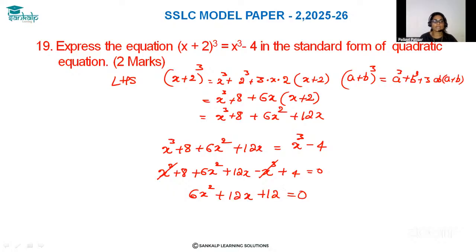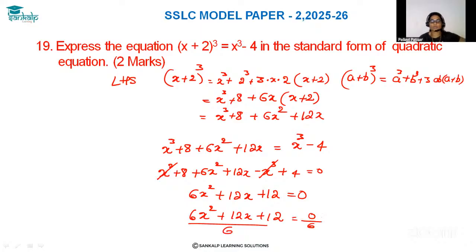So simplify the equation. We can divide the entire equation by the common factor 6. So we'll get (6x square plus 12x plus 12) divided by 6 is equal to 0 divided by 6.